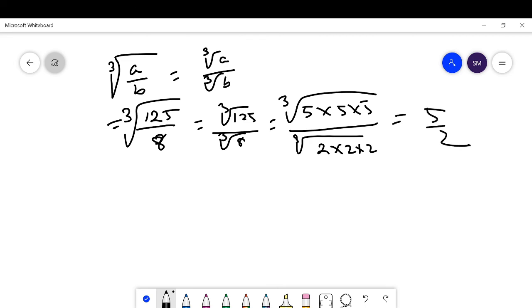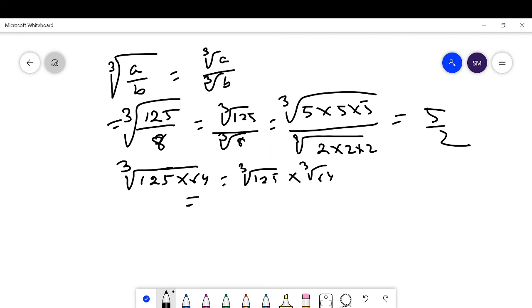Prime factorize. At first prime factorize it. Then make groups in triplets of the same prime. Then find the product of the primes. Suppose you have to find out the cube root of 125 into 64. Then this can be written as cube root of 125 into cube root of 64.